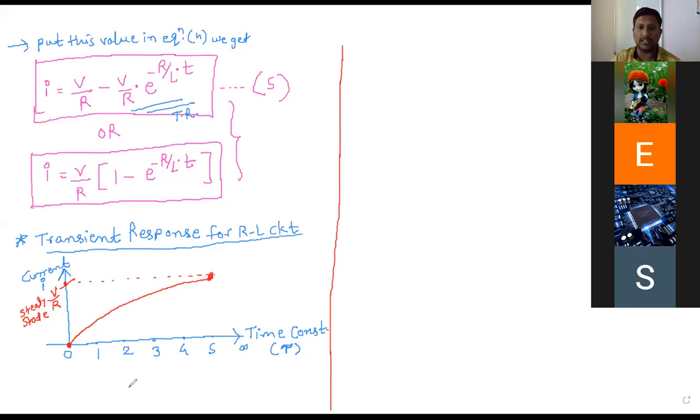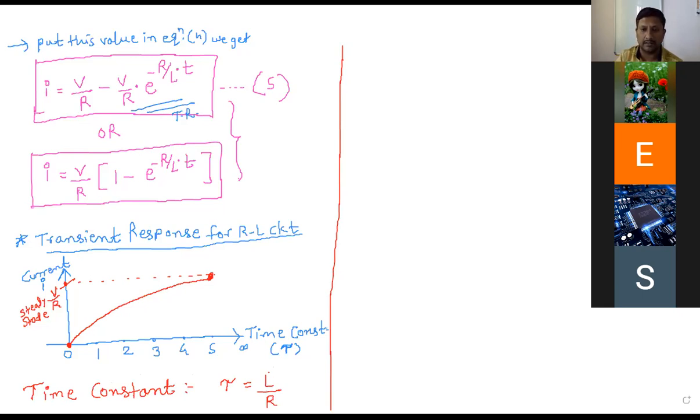So time constant tau depends on L by R value. Time constant is denoted as tau is equal to L by R. So it depends on what? L by R. So if I am keeping L by R, time constant unit काय असते?